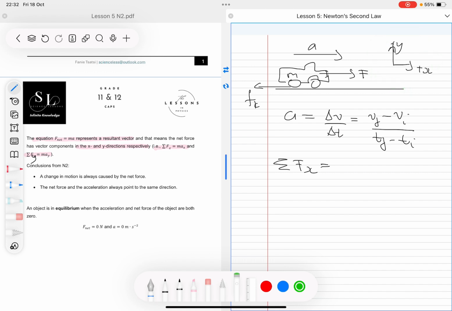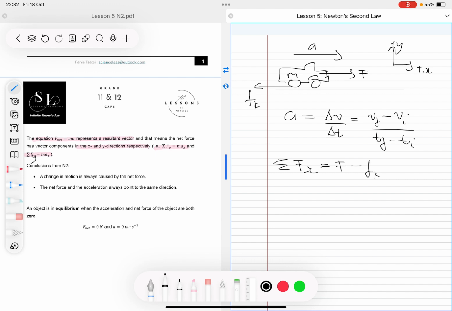Now when we apply Newton's second law, we're going to look at the x component. I'll add the forces that are in the x component. So I will say F, which is this force here, is positive because it's going in the positive direction. Then I'll subtract Fk, the frictional force, because it's going in the negative direction. So we'll end up having F minus Fk.